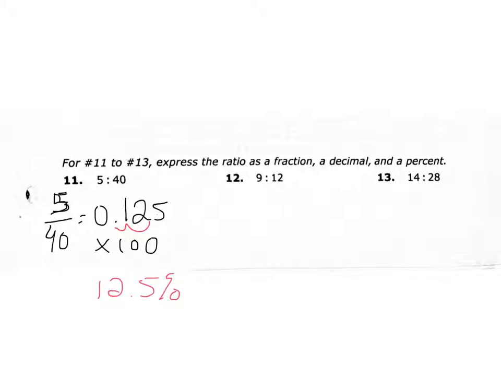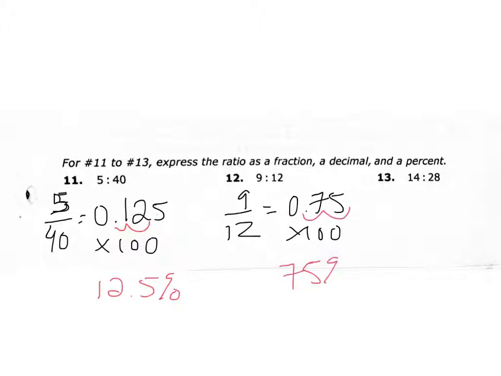Okay, let's do the same for 12. 9 over 12 gives you 0.75. Because if you divide both by 3, you get 3 over 4, which is 75, or 0.75. Now I'm going to multiply by 100 to get my percent. Move this over, and that gives you 75%. Okay, great. Let's do the last one here, 14 over 28.